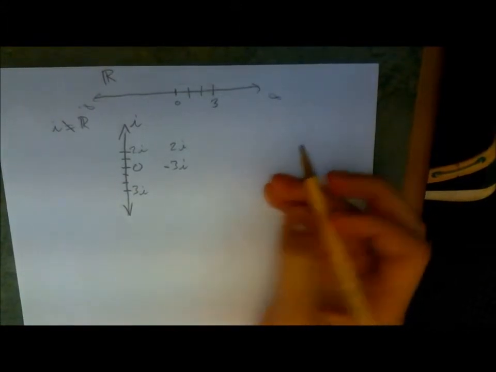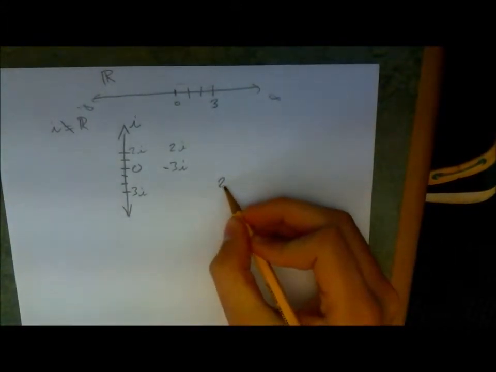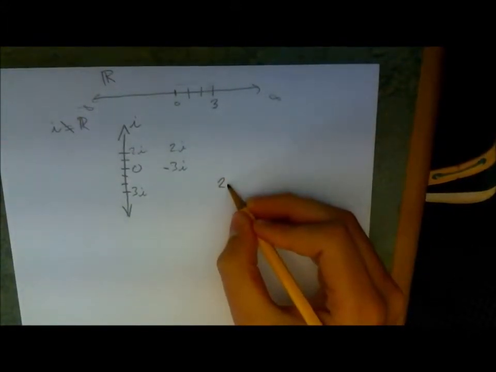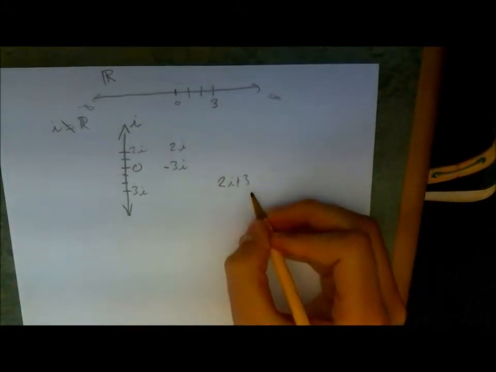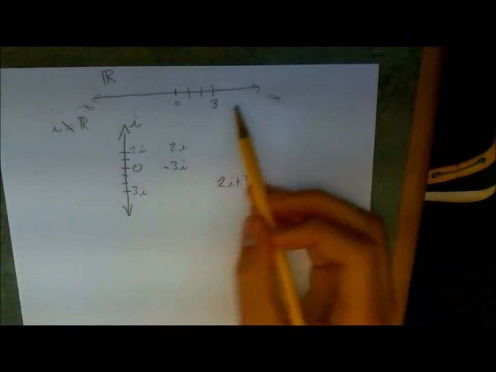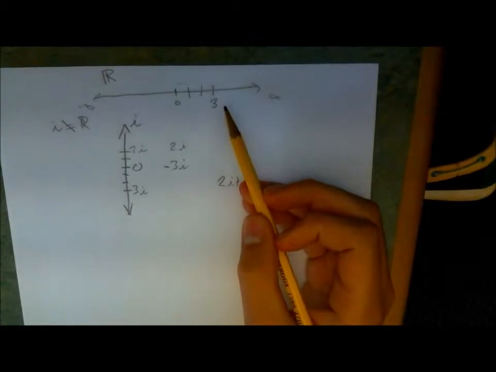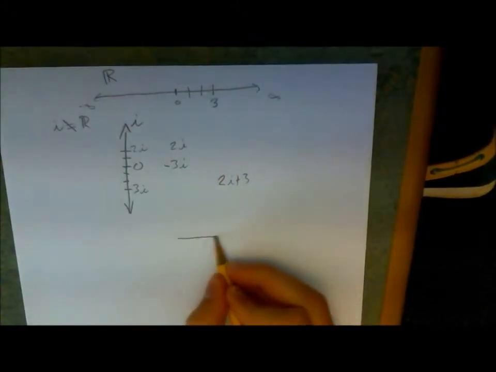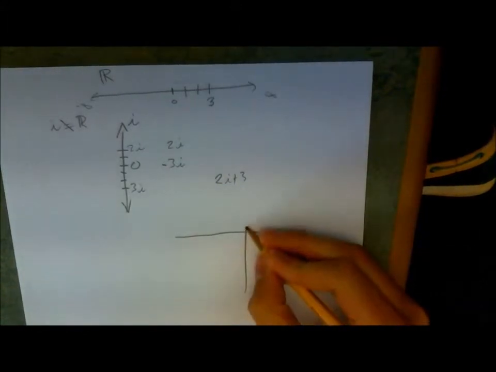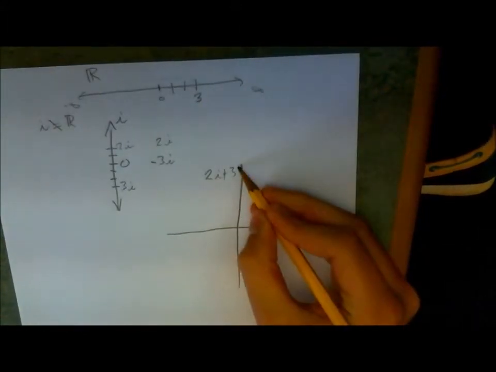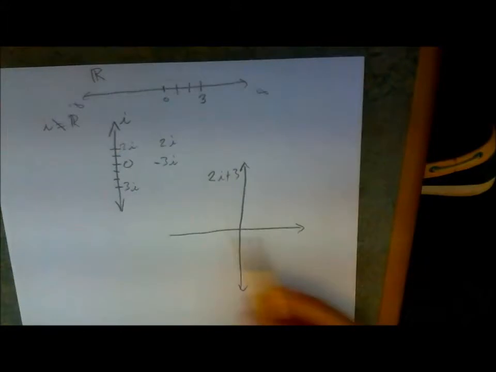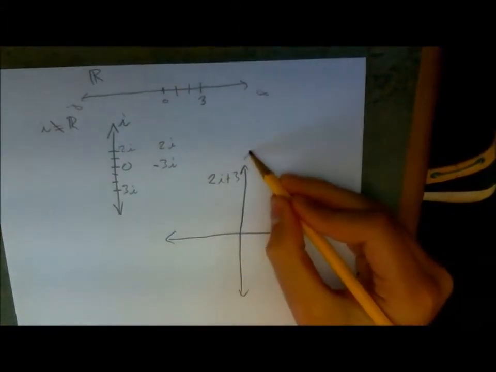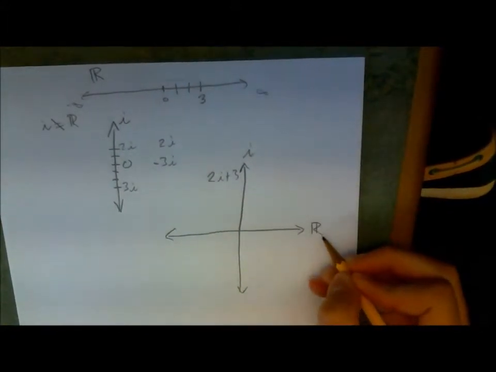So let's say you had something as 2i plus 3, which is a complex number. You'll need both of these graphs to graph. So what you should do is put the axes together, and this is still your imaginary axis, this is still your real number line.